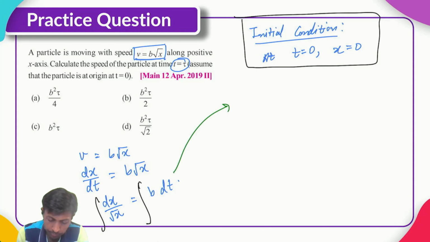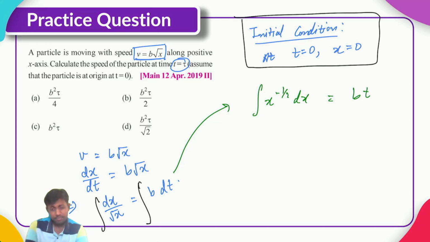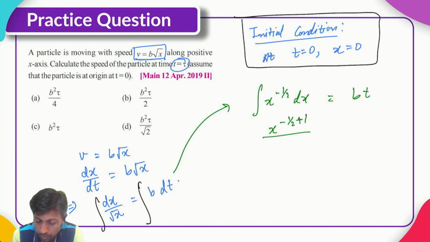So from here, we get x to the power minus half dx. Integral of this is equal to b into t. Constant we'll put at the end. X to the power minus half plus 1 by minus half plus 1, which is 1 by 2, plus some constant is equal to bt.